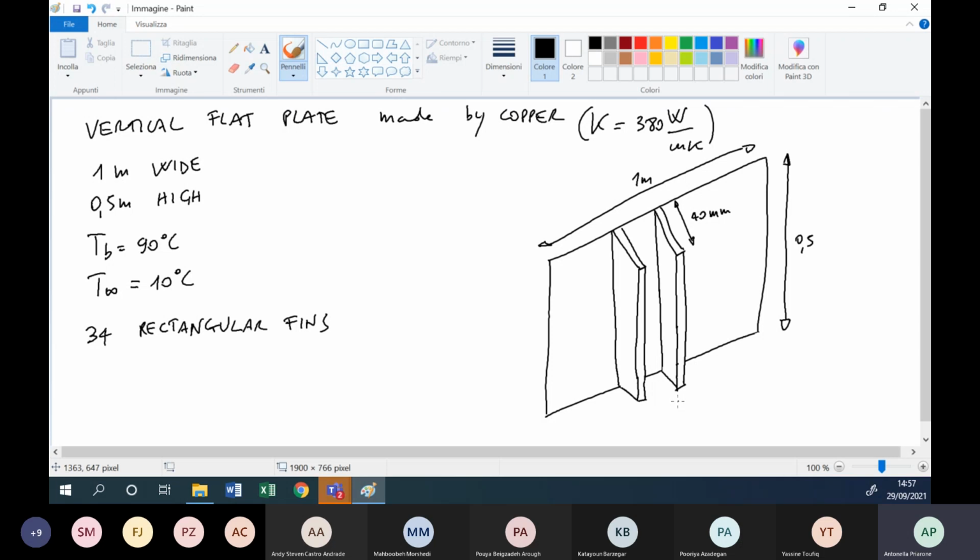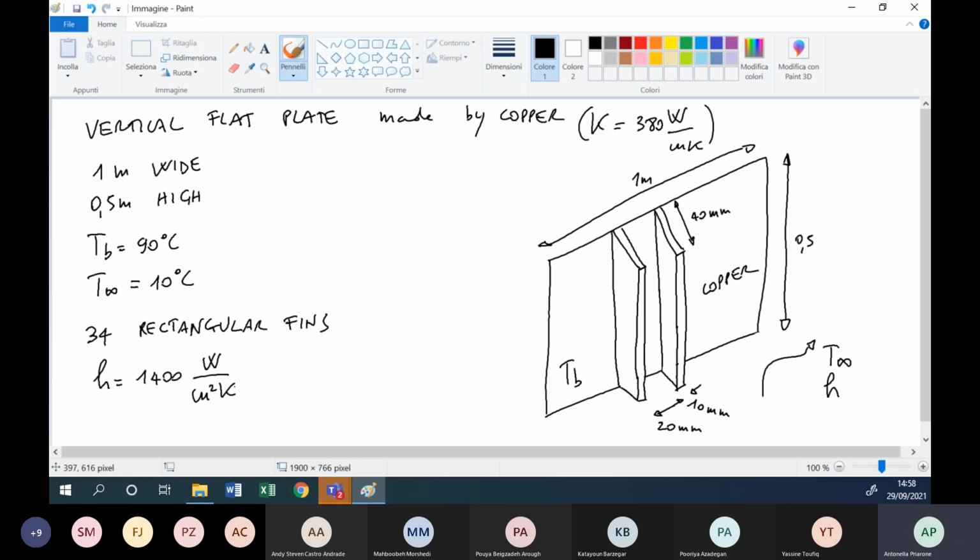I have the thickness of each fin, 10 millimeters. And this length, the spacing, is 20 millimeters. TB is the temperature of the base. I have air at T infinite with h coefficient. And the material is copper. h is equal to 1,400 watt per square meter Kelvin.